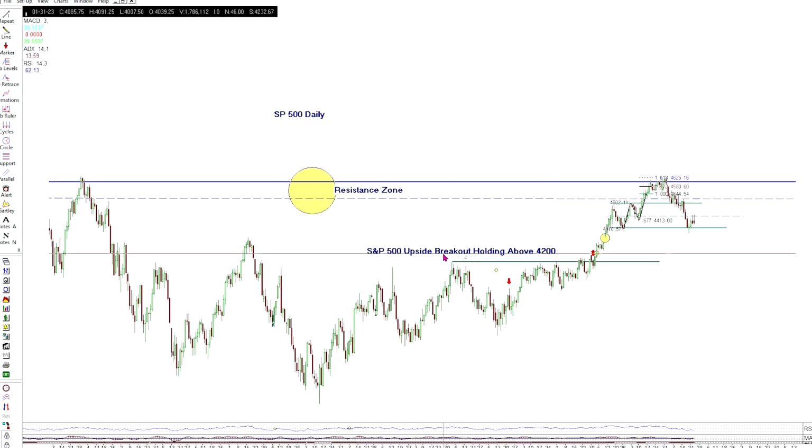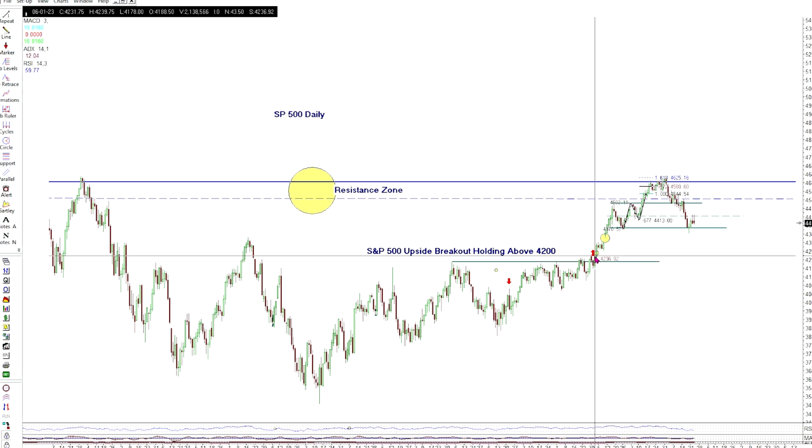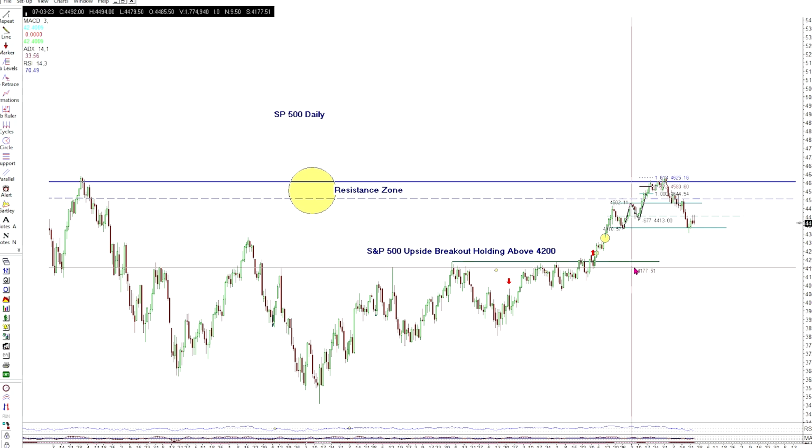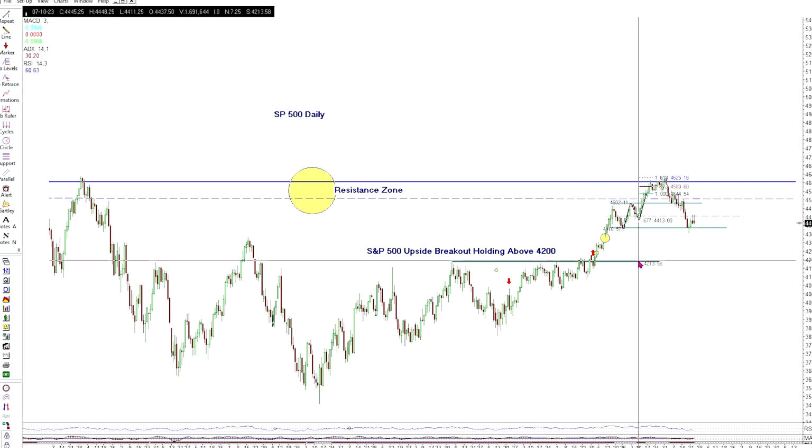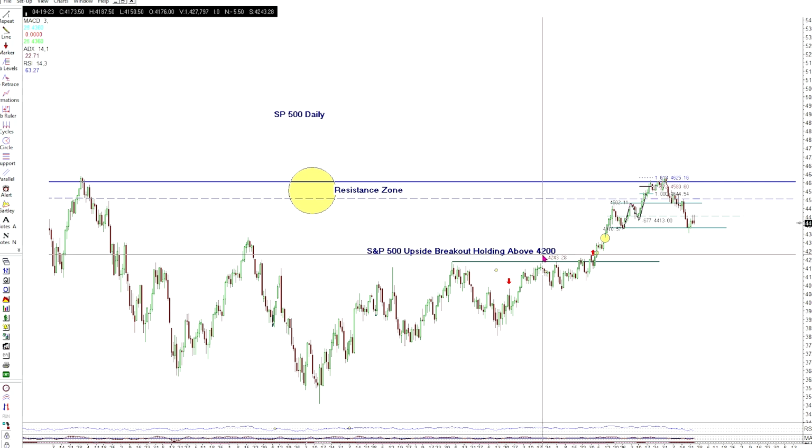So it spent quite a bit of time trying to get through it. And then finally, in May, early June, it was able to get above 4,200 until it hit the resistance here, about 400 points. So it was a nice rally from that low to high. So this is going to be a very important support level for the market to hold, the 4,200 level on the S&P.